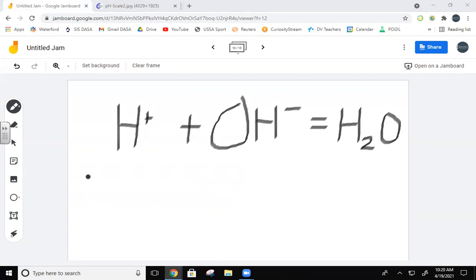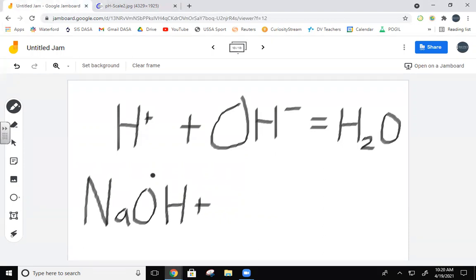So let's think about sodium hydroxide. So the name of this is sodium hydroxide. What do you think the pH of a sodium hydroxide solution would be? Would it be alkaline or acidic?